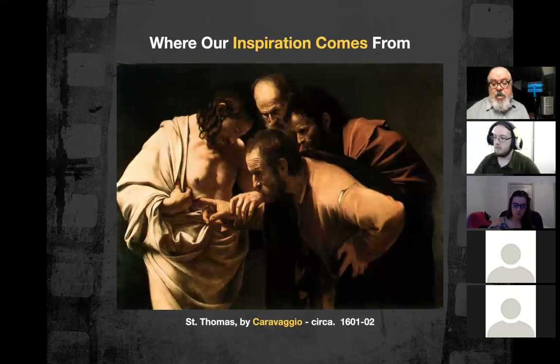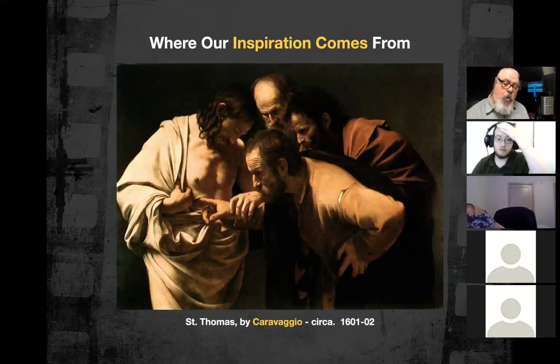So here's a Caravaggio. It's Doubting Thomas, or it's the St. Thomas painting from 1601 to 1602, I guess, is when he created it.